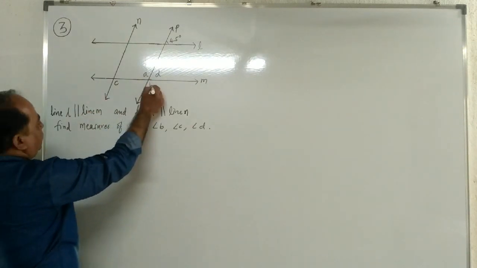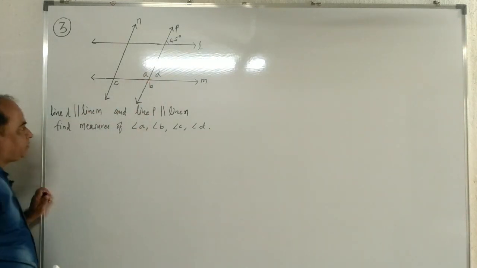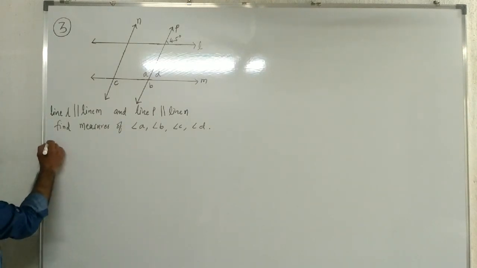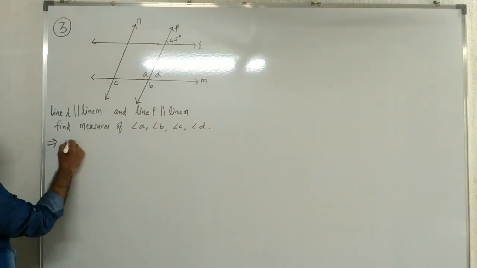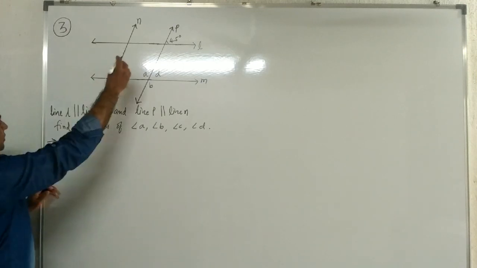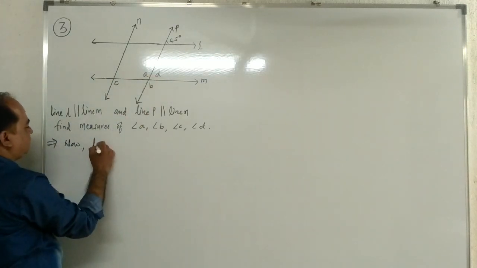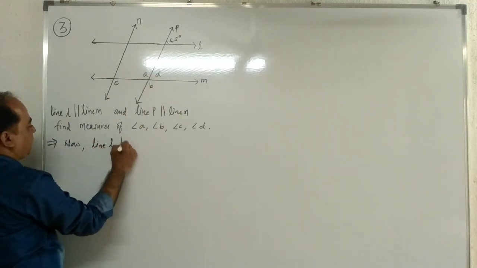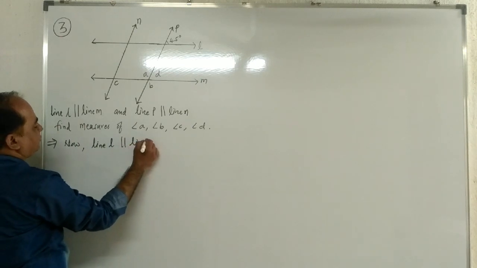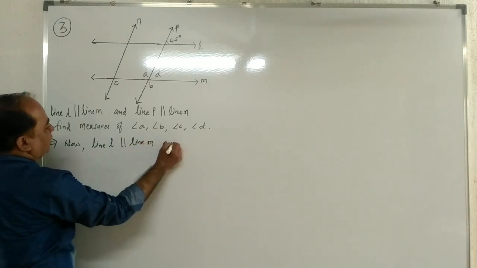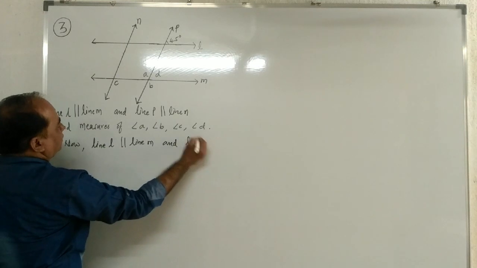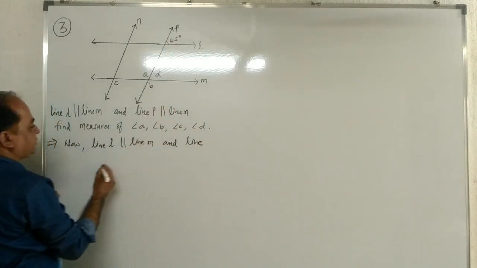Find measure of angles A, B, C and D. Now, we'll consider line N is parallel to line M and line P is transversal.